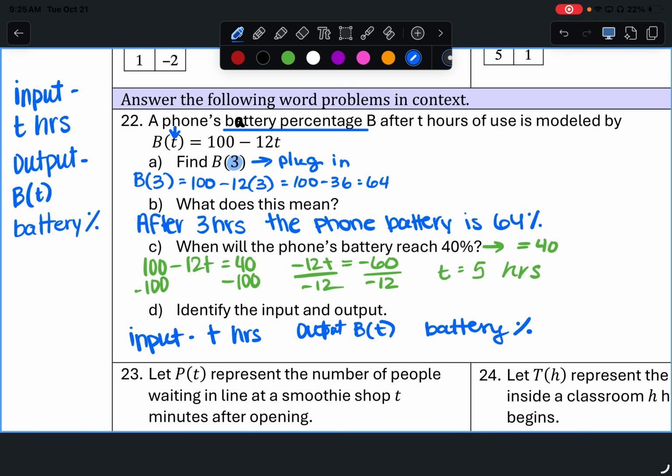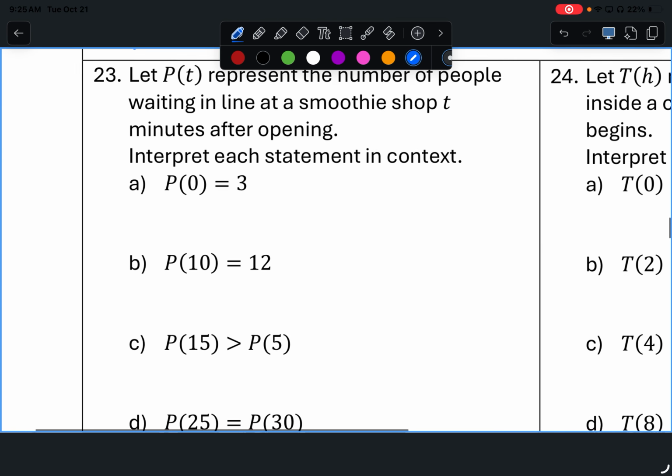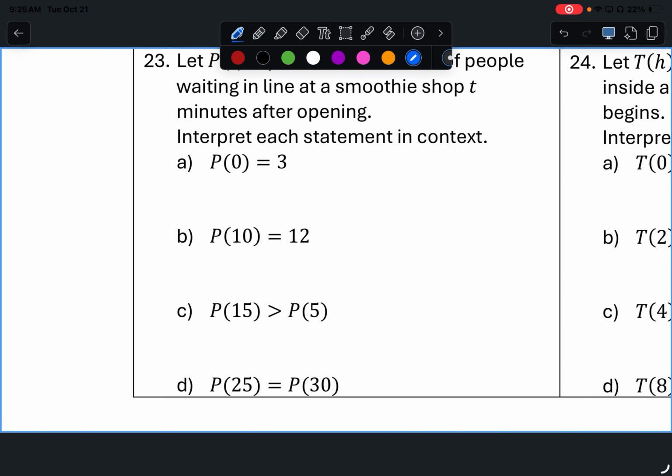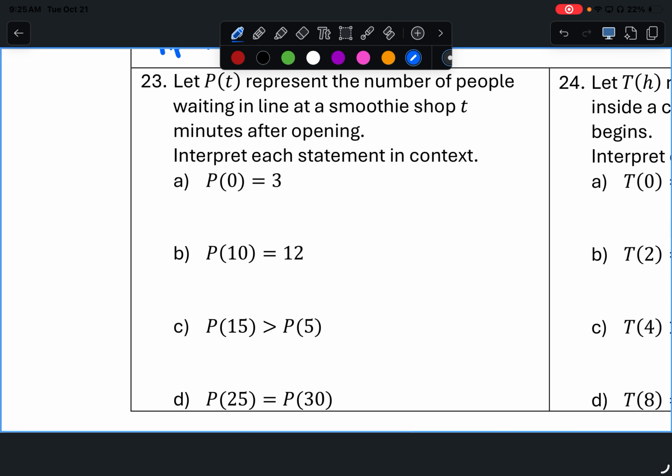Then we're going to do 23. So for 23, let P of T represent the number of people waiting in line at a smoothie shop. So P of T is the number of people in line. And then T is minutes after opening.